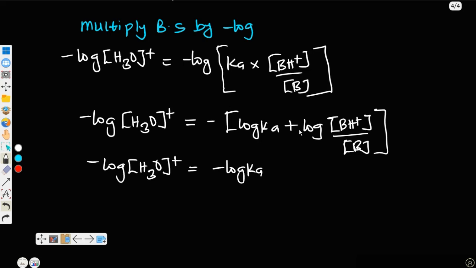This one multiplied by this becomes minus log BH+ divided by B.